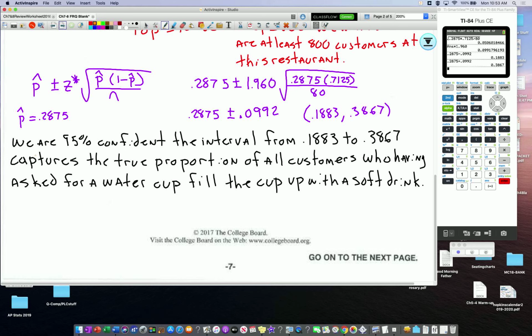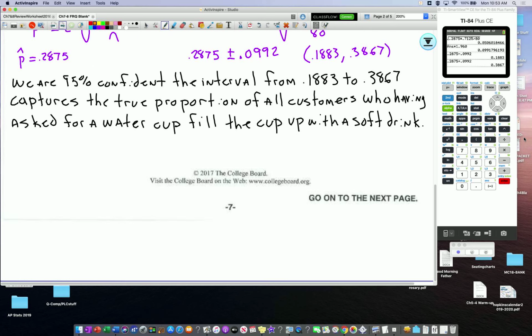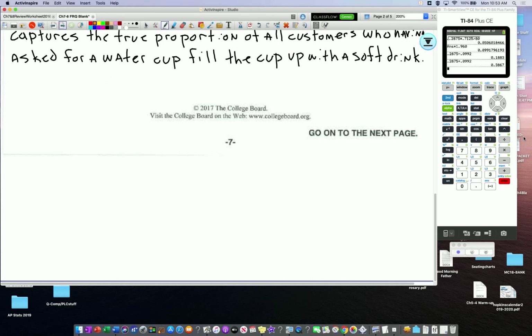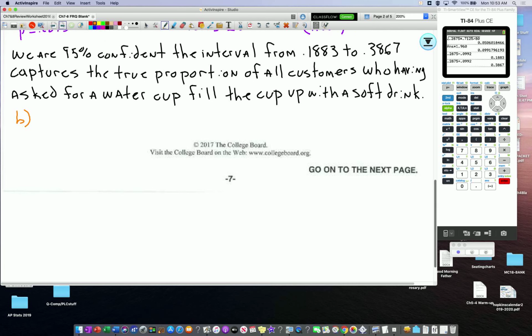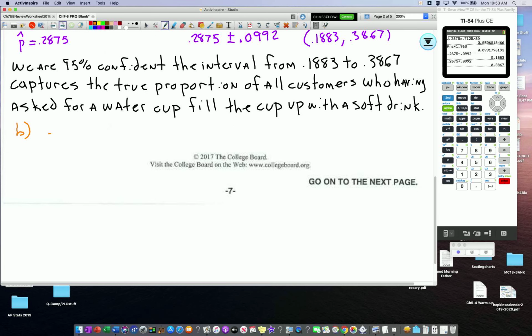For part B, my lower bound is based off the confidence interval: the proportion could be as low as 0.1883 and as high as 0.3867. Now I'm going to multiply each of those by the number of customers, which gives the number of customers on the low side and the high side who are filling it up.